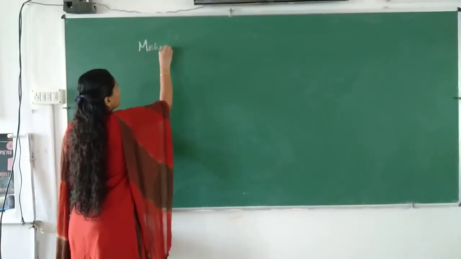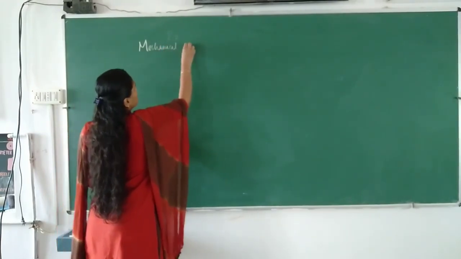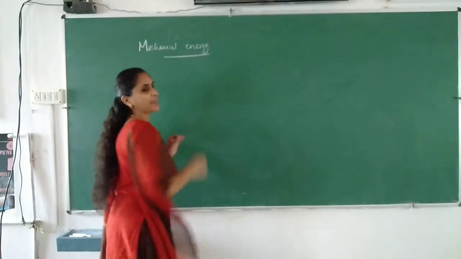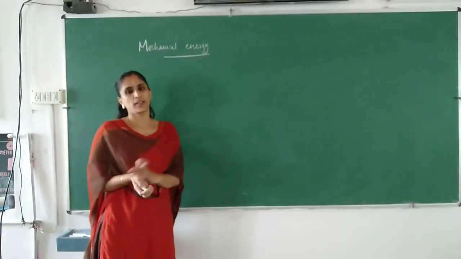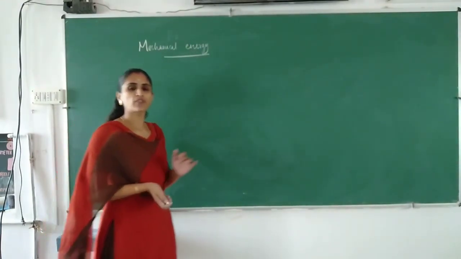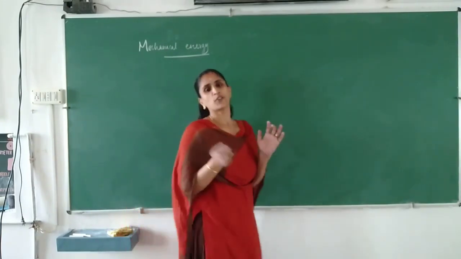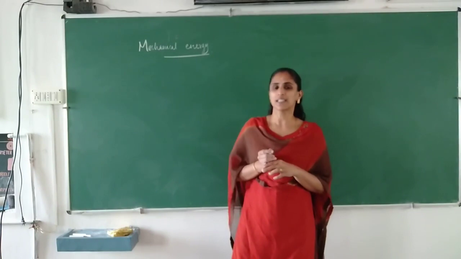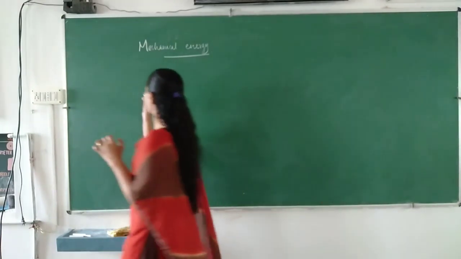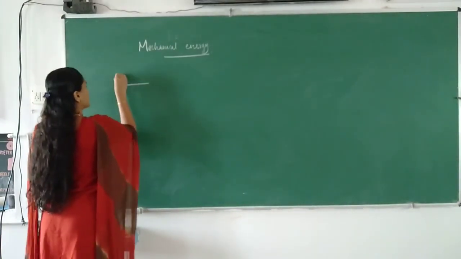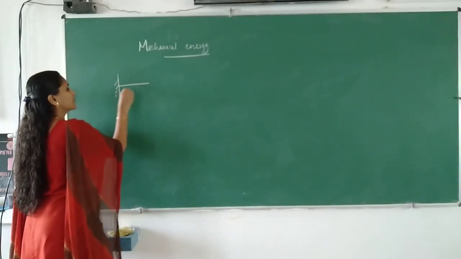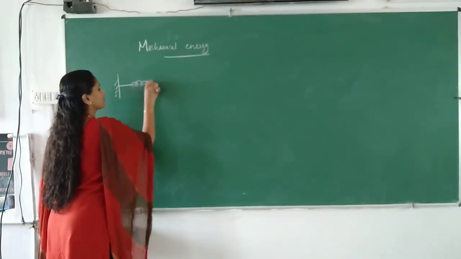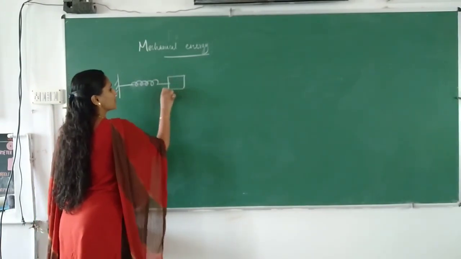Mechanical energy in the case of a spring. So already we know that the spring force is a conservative force, so total mechanical energy should remain constant, conserved. So if we are considering the case, a spring is connected to an object.